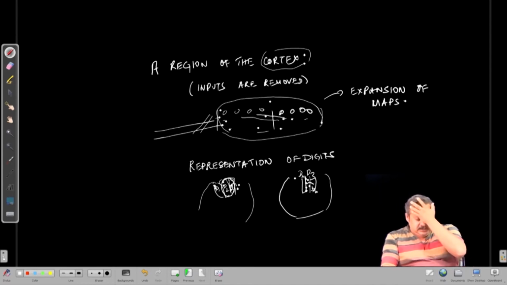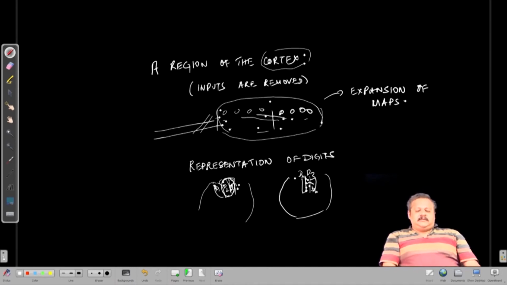That is only because the neurons that were representing that limb are taken over by neighboring positions on the body.